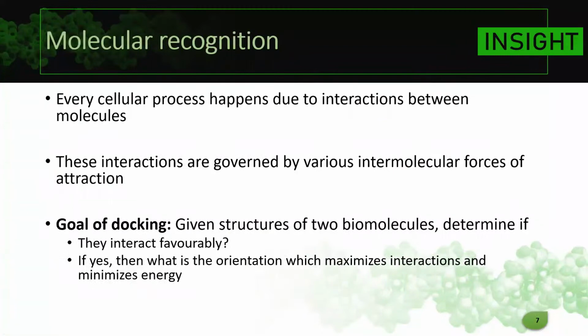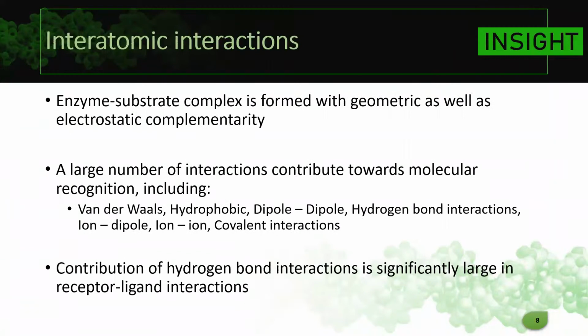So when we say that these interactions are governed by intermolecular forces or intermolecular interactions, what are these different types of interactions that happen and what is the basis of those? Well, there could be a variety of different processes that happen at the chemical level. Some of the most important interactions you might have studied in your basic chemistry: we have weak van der Waals interactions, which are non-bonded in nature and can happen between different atoms.